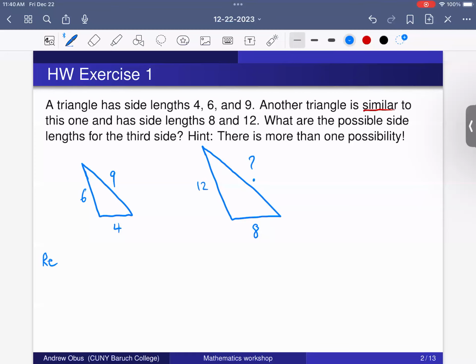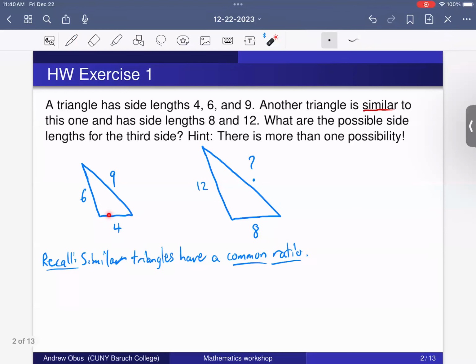Let's just recall that similar triangles have a common ratio. So if we look at the respective sides, the ratio 8 to 4 is the same as the ratio 12 to 6, which is the same as the ratio question mark to 9.